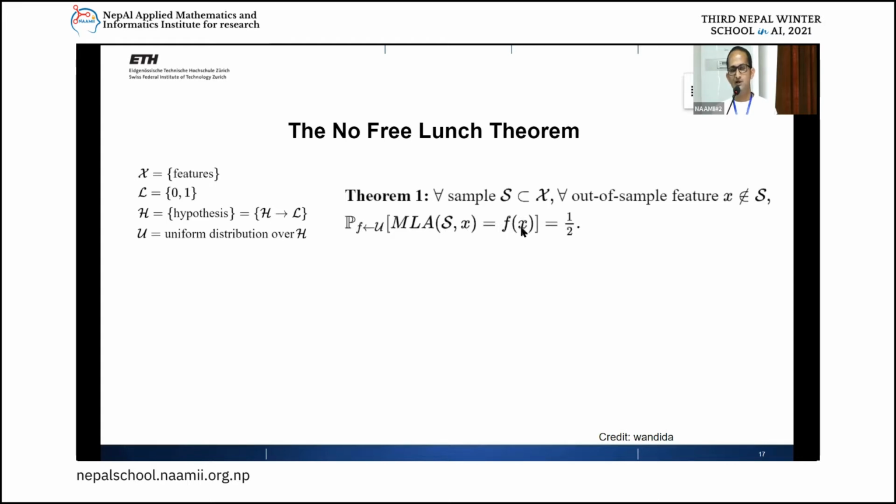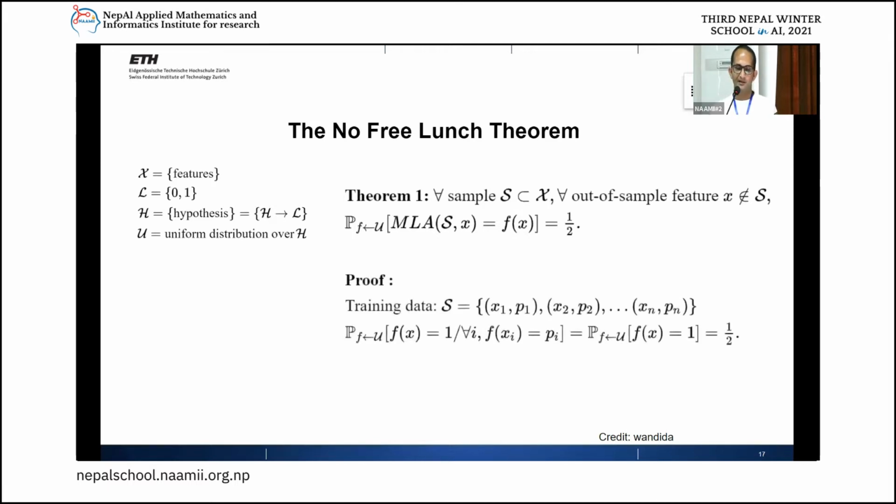And then the probability of doing that correctly is half, even for the binary task. It's just saying that if it's going to be head or tail, if you make guesses and being the same as the ground truth, the probability is half, which means it's completely random. Under this particular setup, if we do not make any assumption regarding the relationship between X and S, that X and S come from the same distribution, there is no hope that there exists any machine learning algorithm that would do anything better than a random guess.